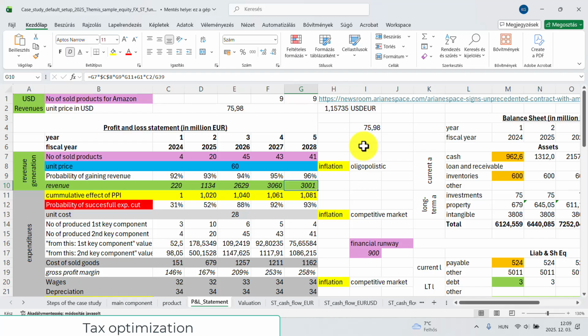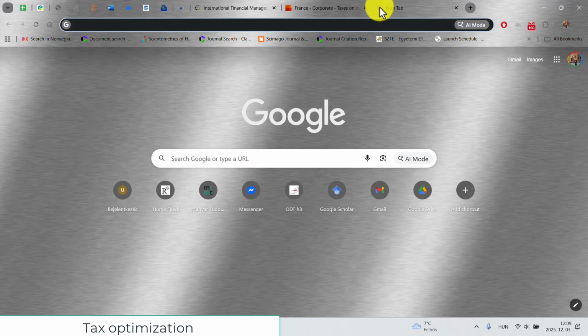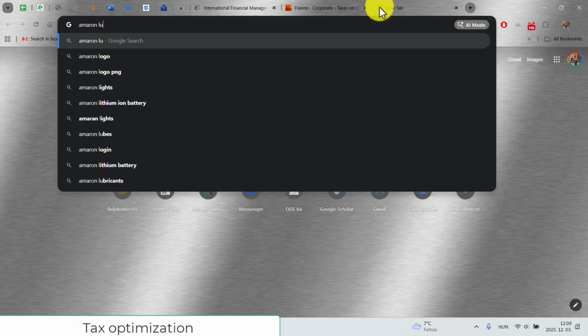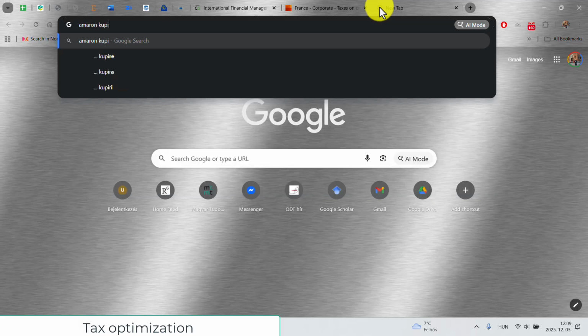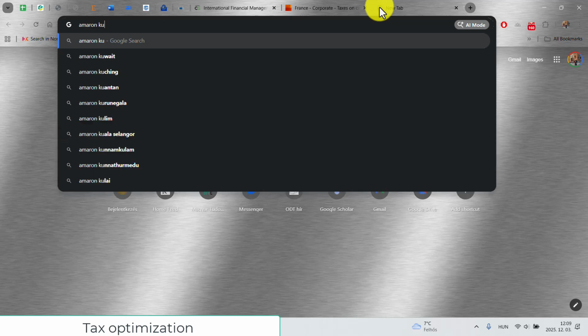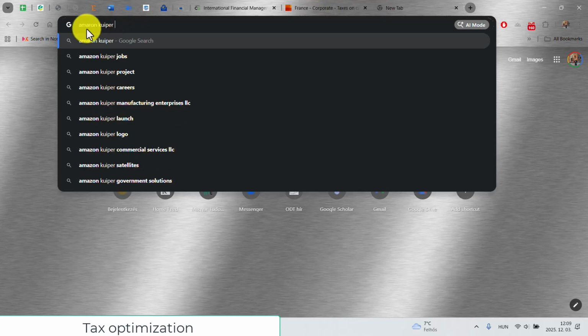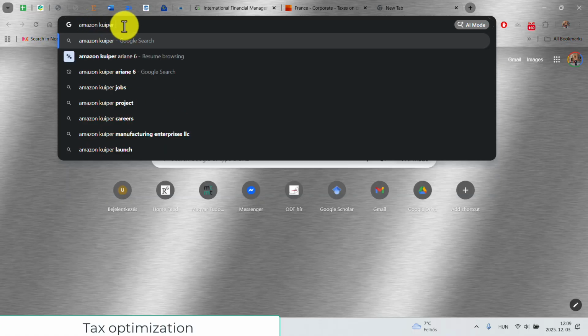We can create an agent company which will supervise overall sales on the US market for Amazon. Now they renamed the Kuiper, and there are some reasons. Amazon Kuiper was renamed to Amazon Leo.